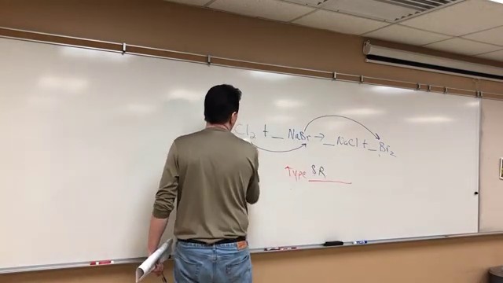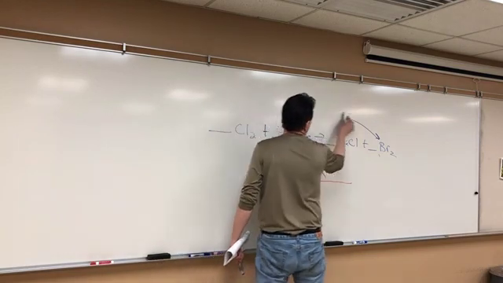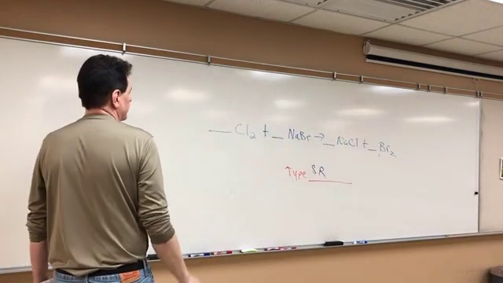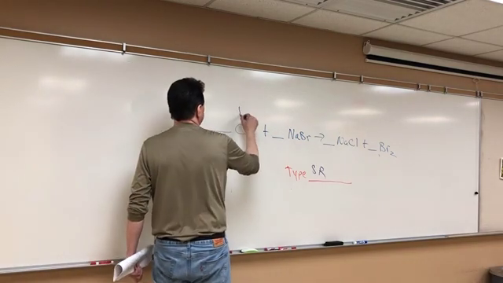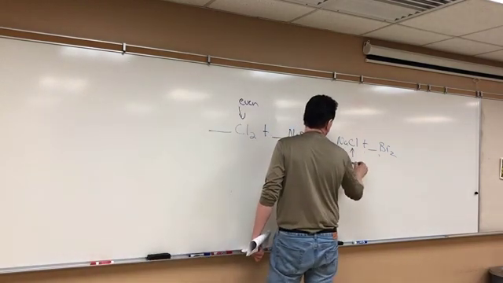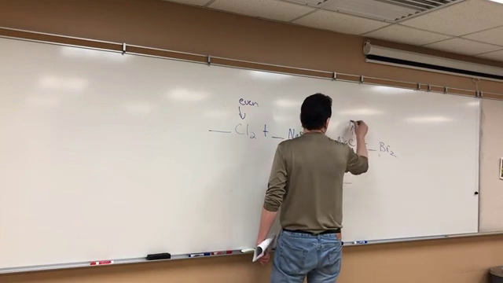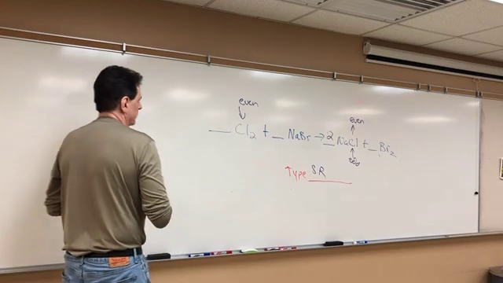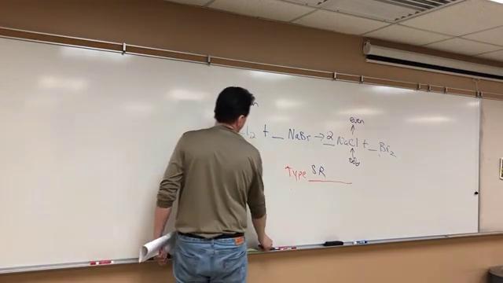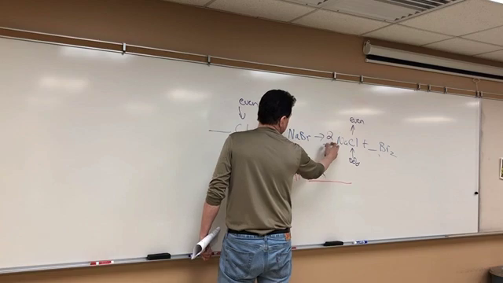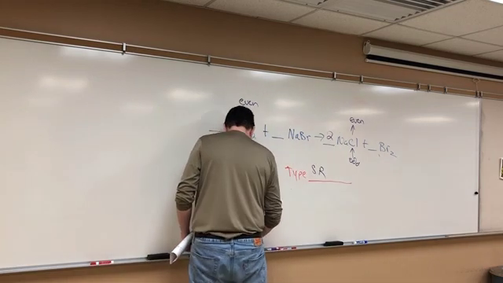So I'm going to go on and look to balance this. I'm going to start with chlorine. Chlorine here is even. Chlorine here is odd. I want to get even. So the only way to get even is to put a 2 out there for chlorine. And let's check what we've got. We've got sodium here, which is even, but sodium here is odd.